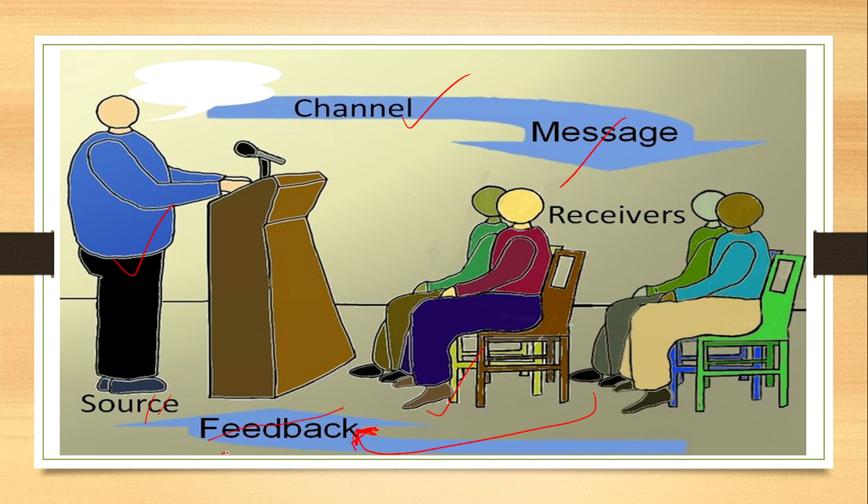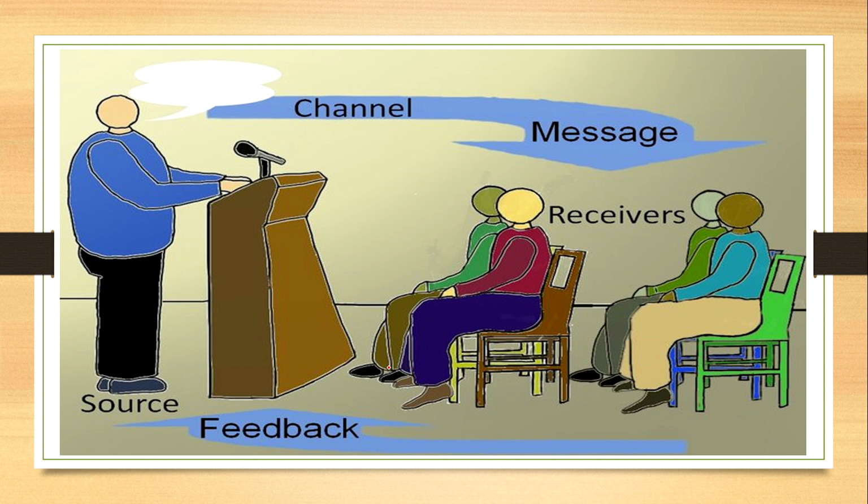If your feedback is in a positive manner, then I can understand that the student is taking my messages positively. And if you are reacting negatively, your feedback is negative, then I will understand that you are not taking it positively. Okay. So feedback is also very important, and this is all about interpersonal communication. So interpersonal communication is also a barrier in communication.